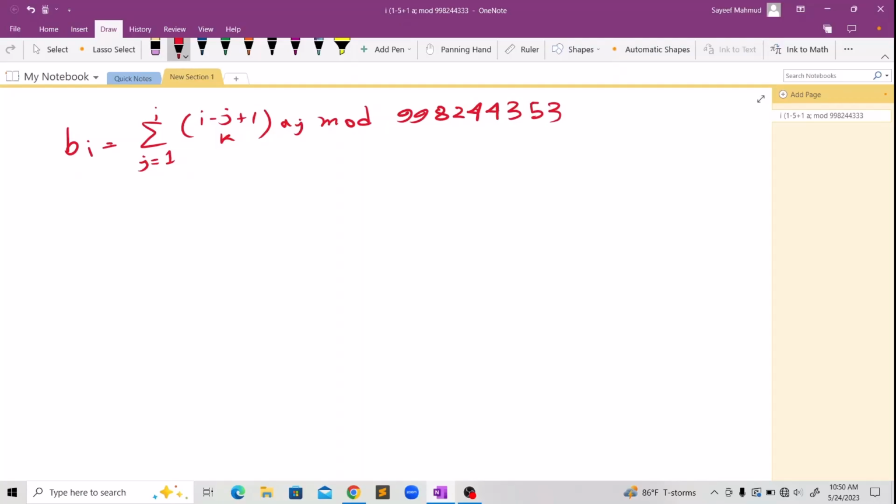B of I is equal to the sum from 1 to I of (I minus j plus 1) choose k times aj, and this value needs to be taken modulo the given mod number.